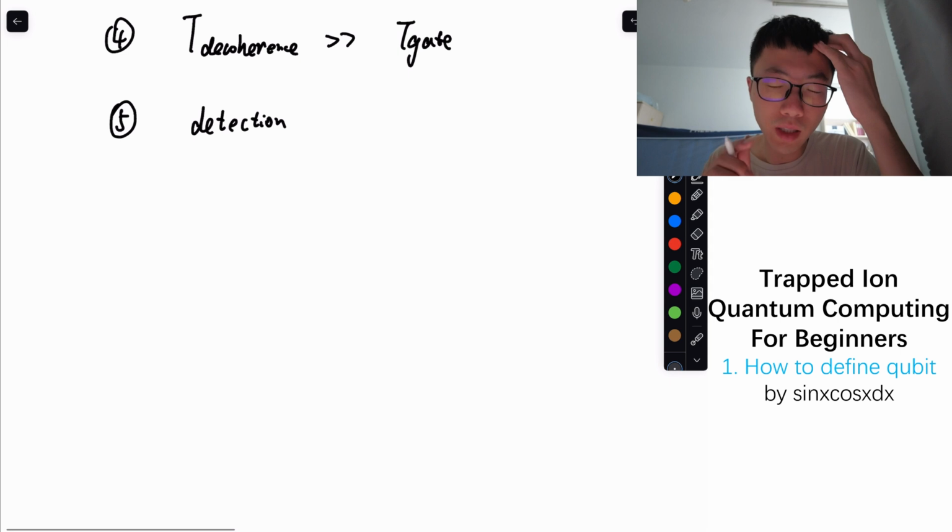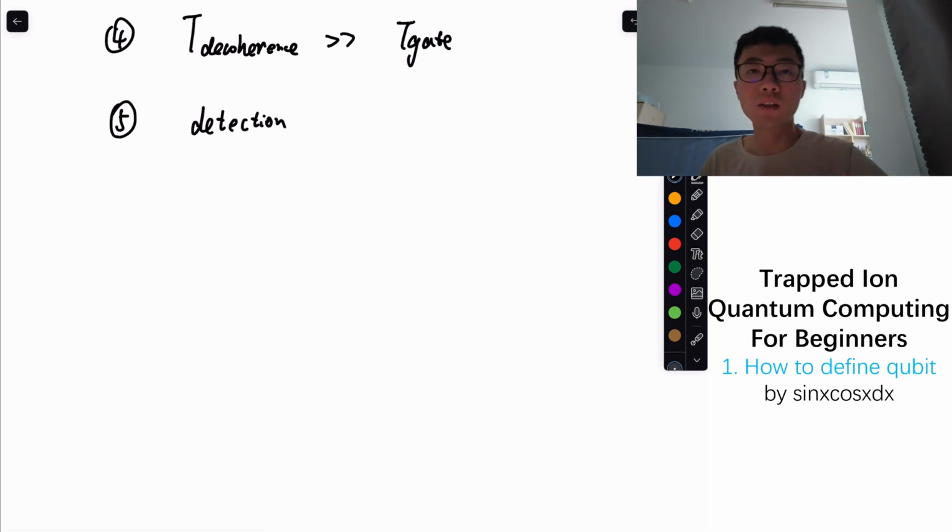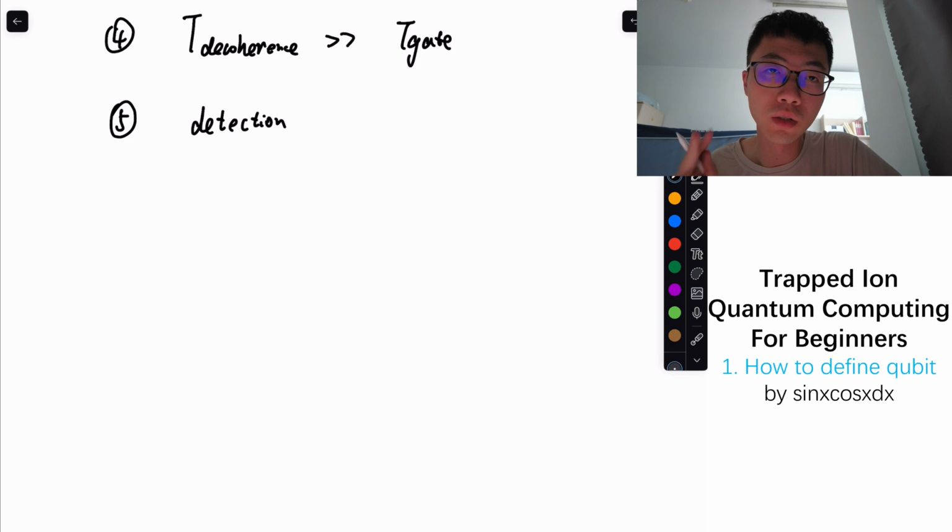So we hope that the atom originally has 2 electrons in the outer layer, and then we use a laser to ionize this atom, so that it has one positive charge and remains with one electron in the outer layer.